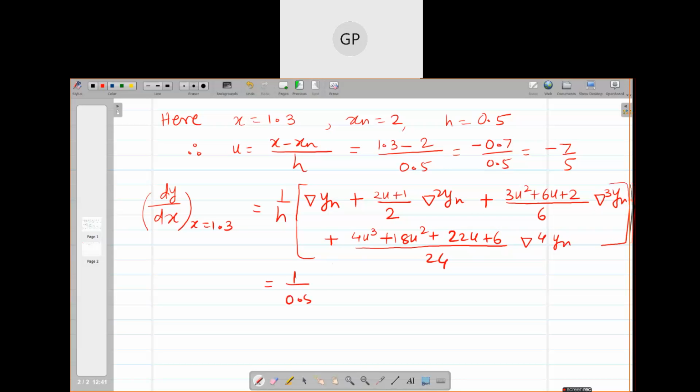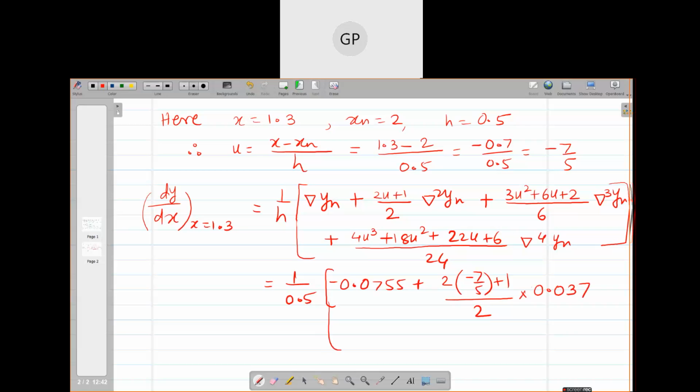h is 0.5 into bracket. What is del yn now? Minus 0.0755 plus 2u plus 1, so 2 into bracket minus 7 by 5 plus 1 upon 2 into 0.037.